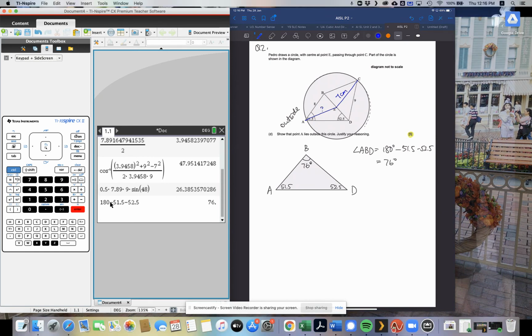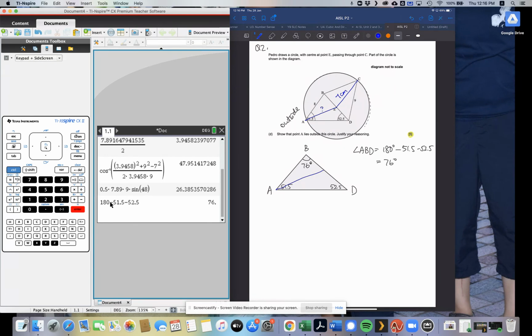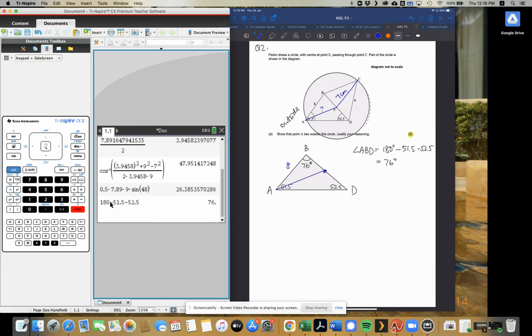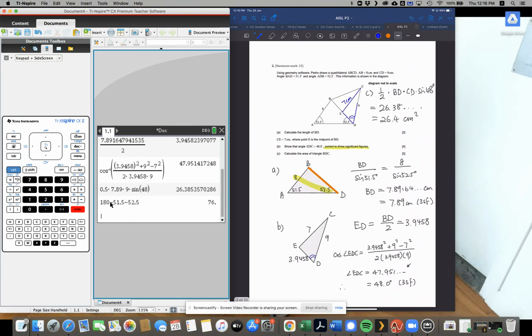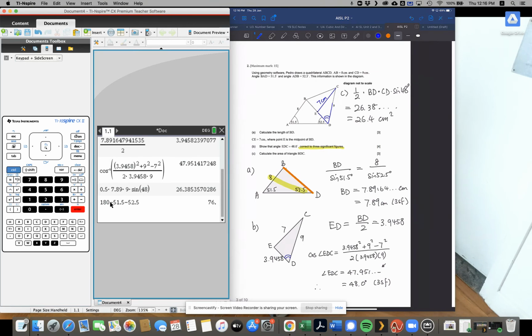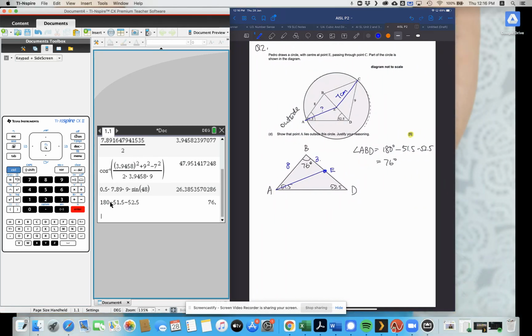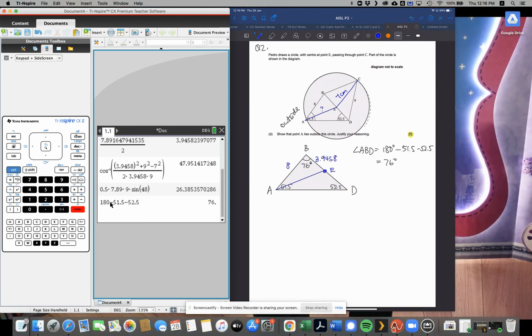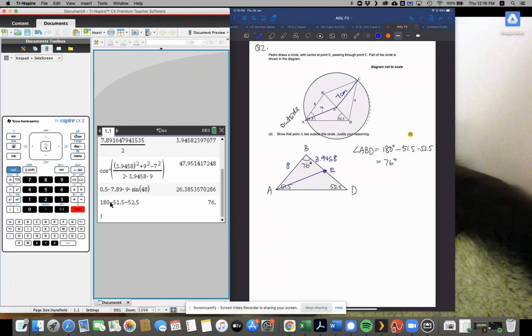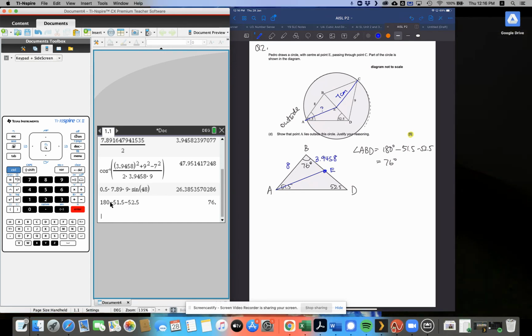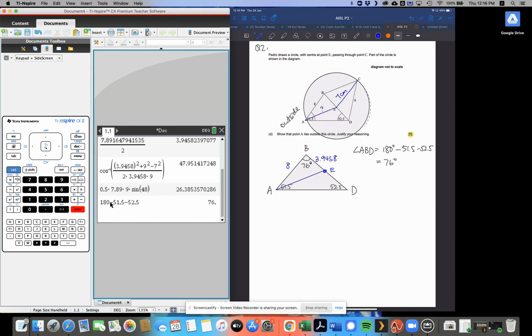Now add the line AE here. Label the rest of the detail. We have 8. BE is same as ED, which we worked out before, which is 3.9458. This sketch is part of your working, so it is perfectly okay to draw this to show your thinking and your approach. Now we want AE.